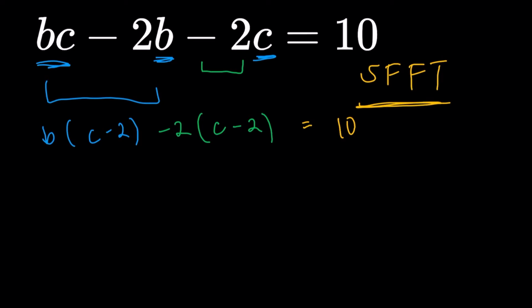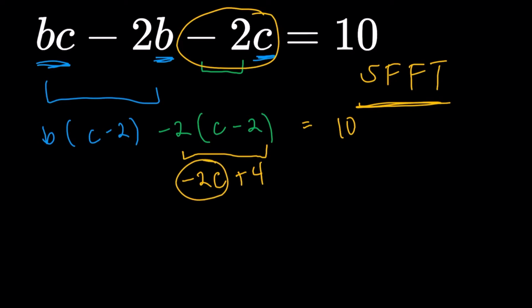But that's not really the factored form on the left side, so we have to backtrack and see that the -2 times C minus 2 gives -2C plus 4. Now, the -2C, we already have it. What we're missing is the plus 4. Well, it's just a constant, so we could easily add 4 here, right?